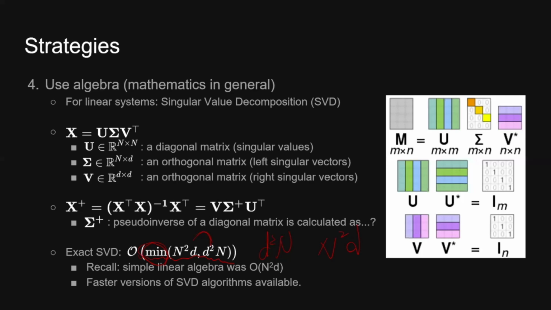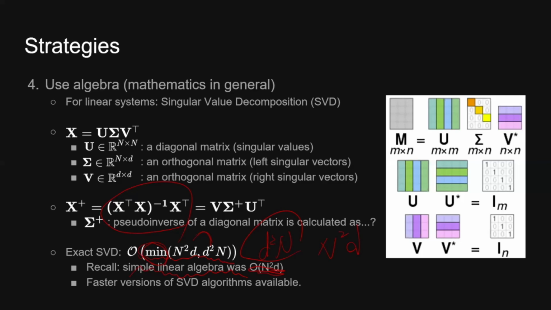Recall that with simple linear algebra, the complexity of the pseudo inverse solution was n squared d. So in case n is really large, SVD might be a better solution, because the complexity becomes d squared n, and therefore you can have a competitive advantage over the simple naive linear algebra solution.